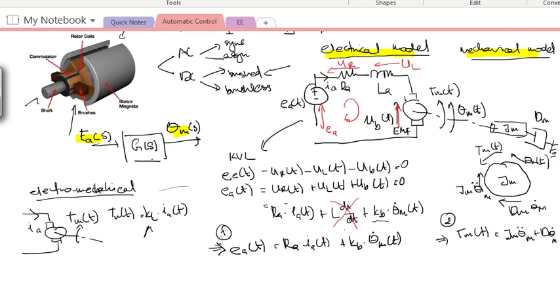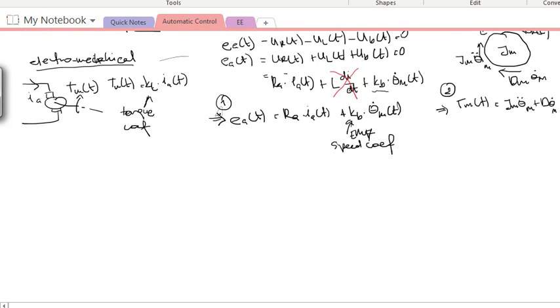So this Kt is another coefficient. Just now we had another coefficient in the electrical equation, Kb, right? Now we have Kt. Kt is what we call the torque coefficient or electromechanical coefficient. Kb, just now, is what we call the back EMF or speed coefficient. So we have two coefficients that are either given or we have to find out. In summary, we now have three equations.